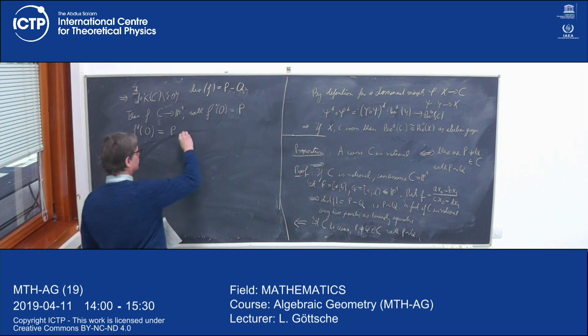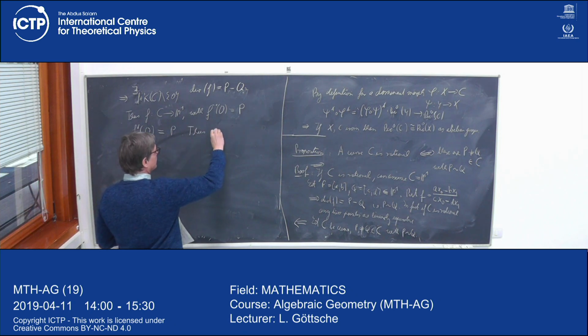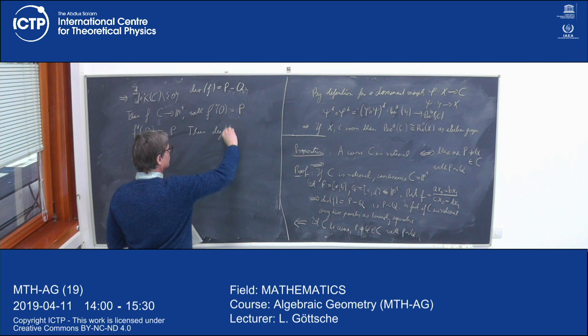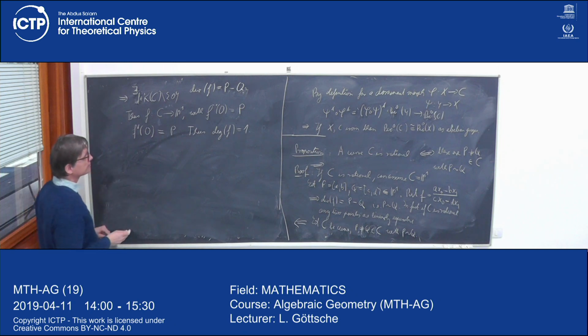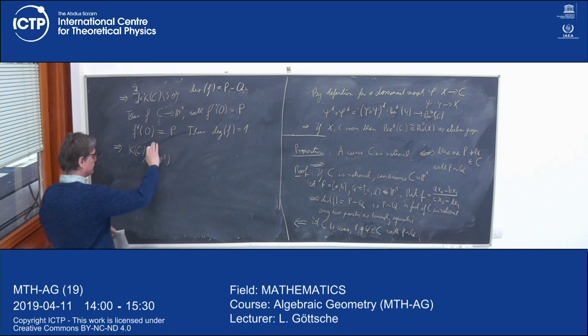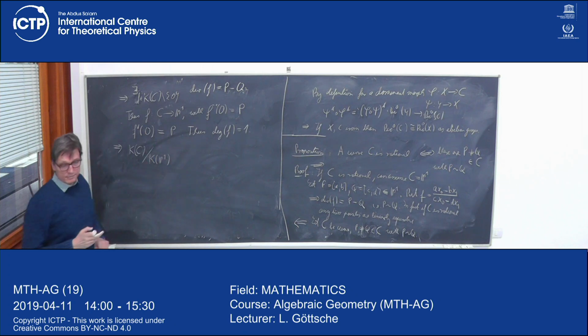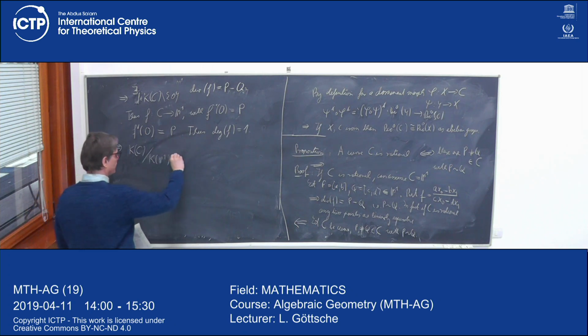So thus it follows the degree of f is equal to 1. And now, what does this mean? It follows that if I look at the field extension K(C) over K(P1), this is an algebraic field extension, this has degree 1.